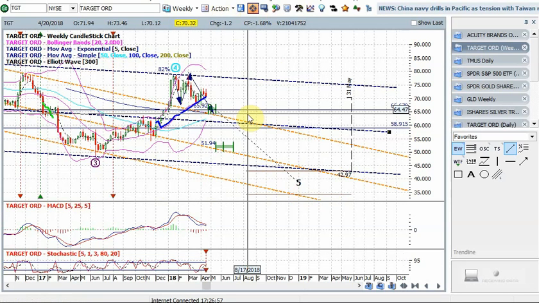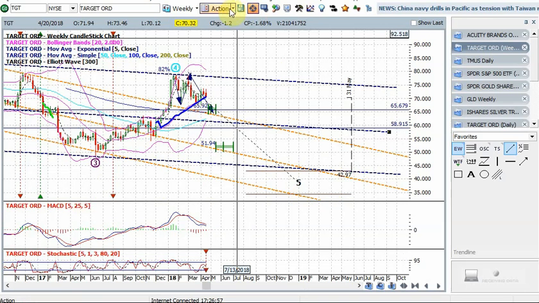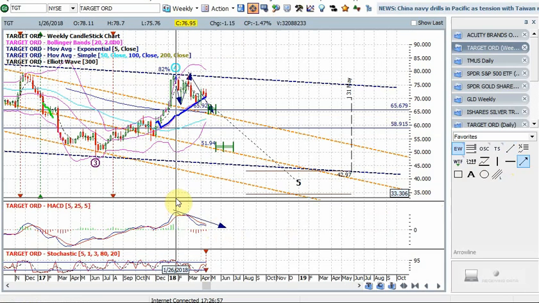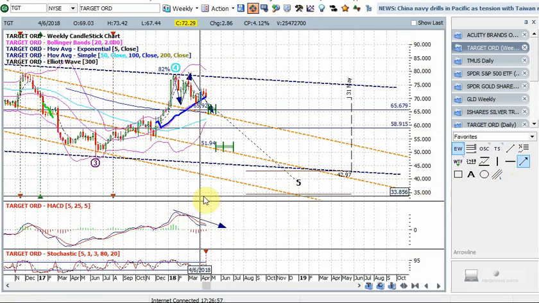The current trend on the weekly is downward, based on what we see here on the MACD. There was that short-term uptrend, but the highs were broken. So you had a lower high from that high back there in January, a lower high in March, and now an even lower high in April.